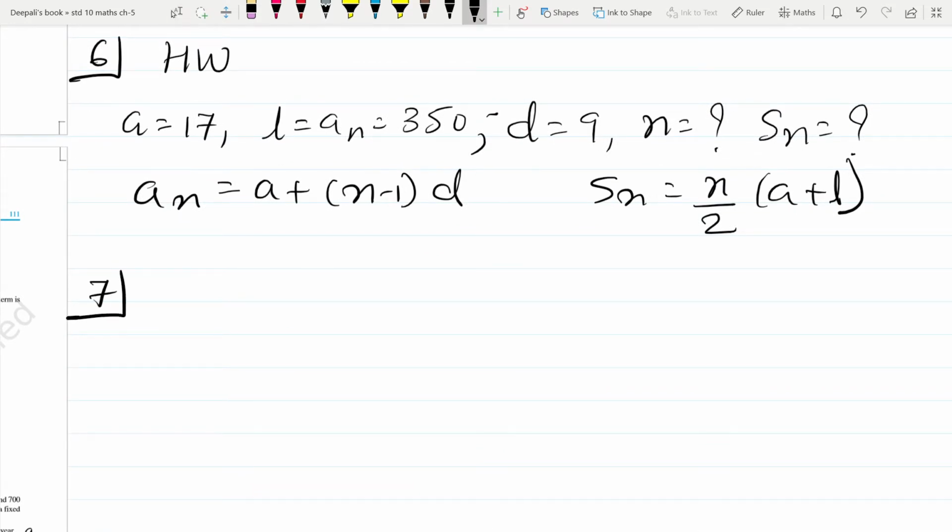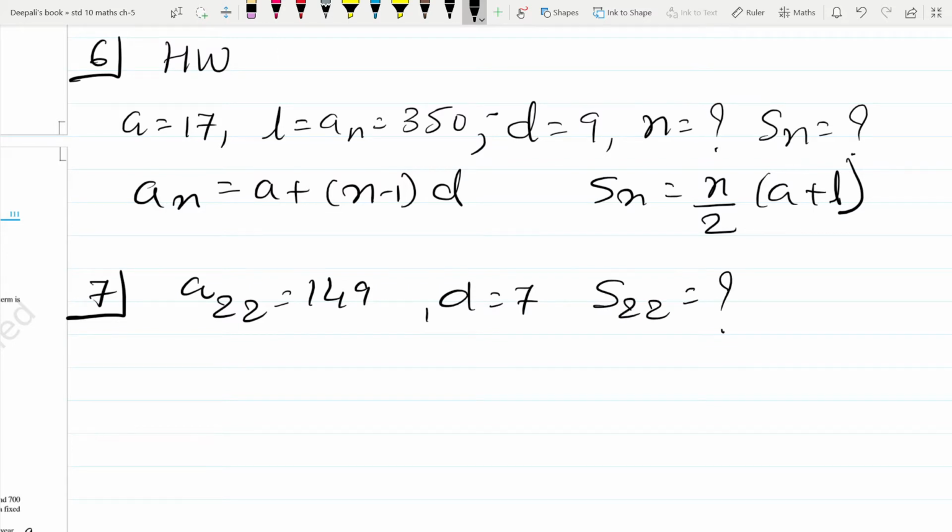Number 7. Find the sum of the first 22 terms of an AP in which D is 7 and the 22nd term is 149. So again, a simple formula-based example: A22 is equal to 149, D is equal to 7, and we need S22.